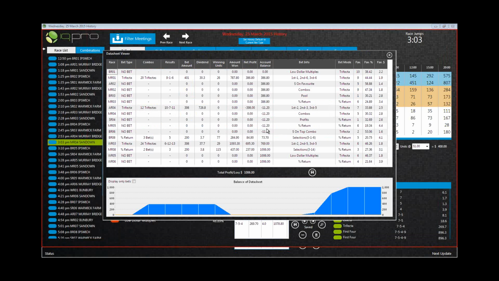It returns us into the black to a small degree, but given that if we have a stop loss imposed, we'd be well within a reasonable stop loss level with minus $11.